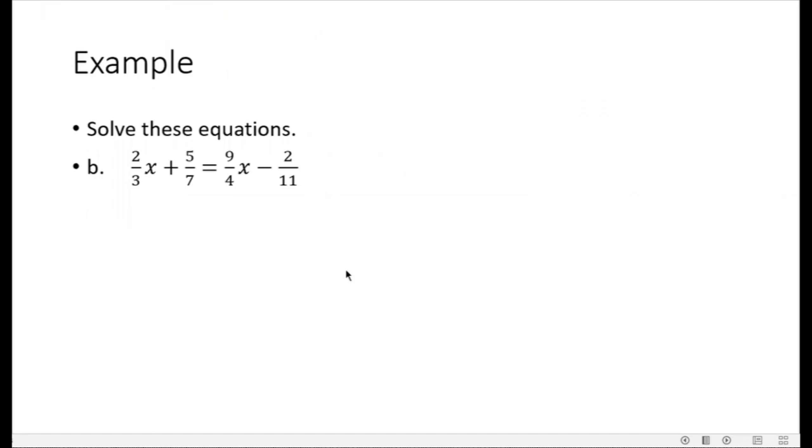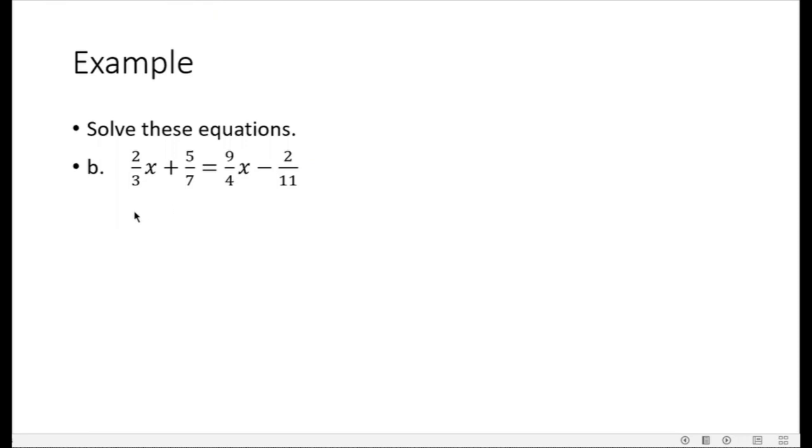Okay, for letter B, solve the equation. So we have 2 over 3x plus 5 over 7 equals 9 over 4x minus 2 over 11.